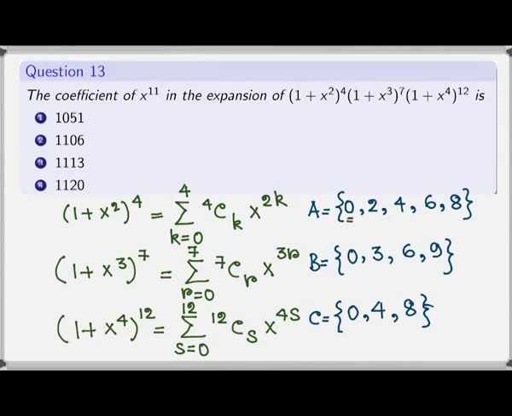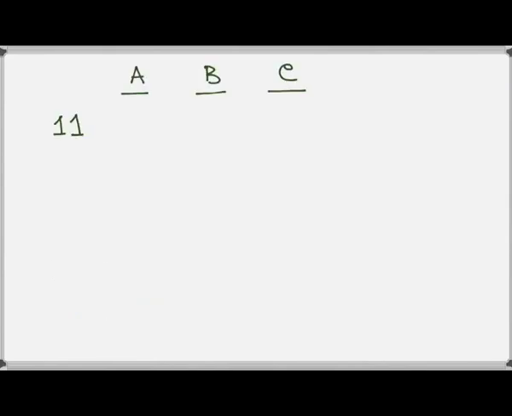If we take 0 from the first set A, then we can take 3 from the set B and 8 from the set C. 0, 3 and 8. So 11 is equal to 0 plus 3 plus 8. Now we can note that for 11 fixed here and 0 fixed here, there are no more possible choices in B and C other than 3 and 8.